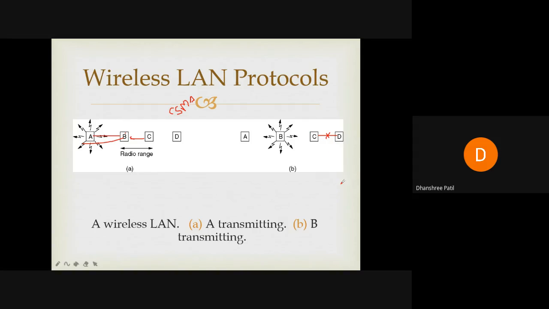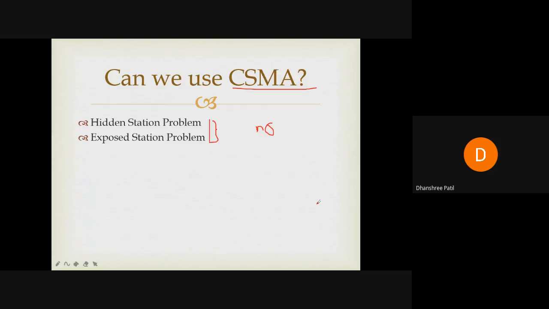So it is a false conclusion about all the neighbors of C. Such problems are called exposed station problems. Okay, so these are the two problems which arise due to CSMA.